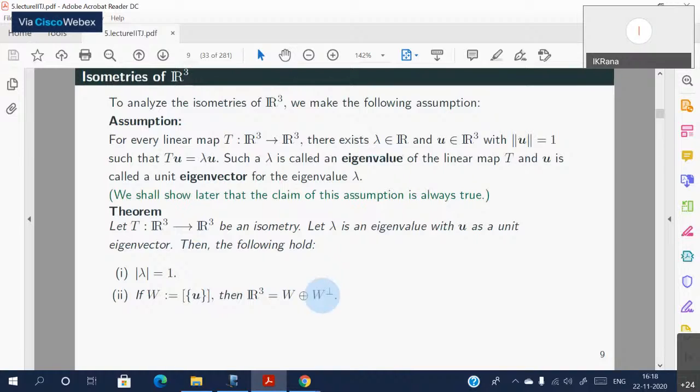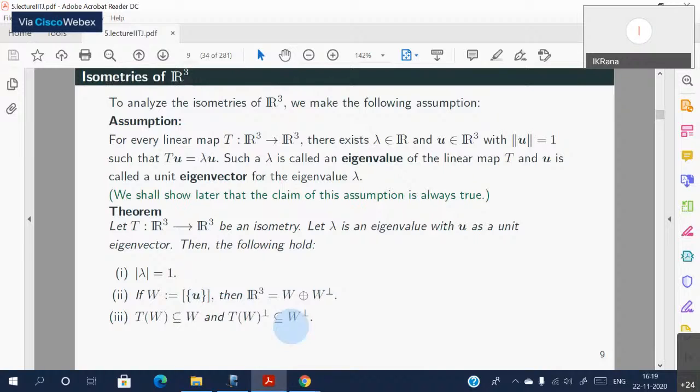So essentially that means you can restrict T to W, which is one-dimensional, and to W perpendicular, which is two-dimensional and also invariant. On one dimension we know what T looks like, so these are invariant subspaces of T.